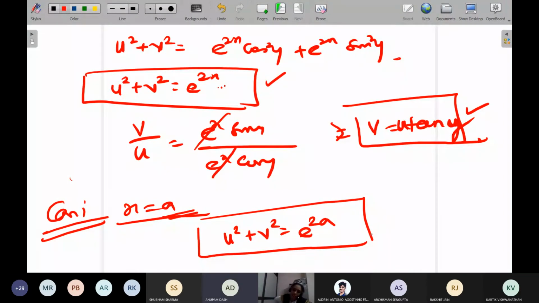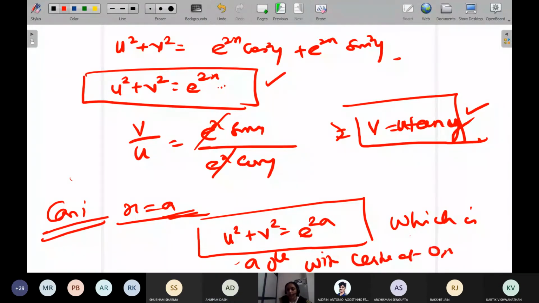It's a circle, which is a circle with the center at the origin and radius E power A. Very good. Radius E power A, which is a circle with center at 0, 0 and radius E power A.